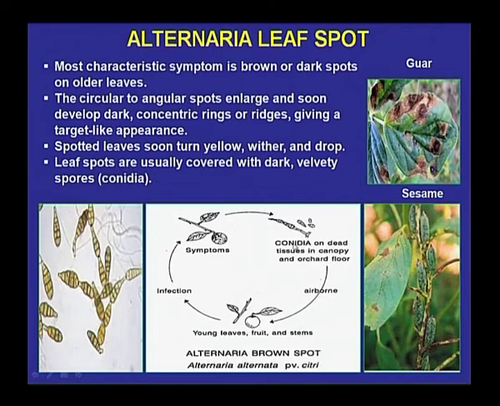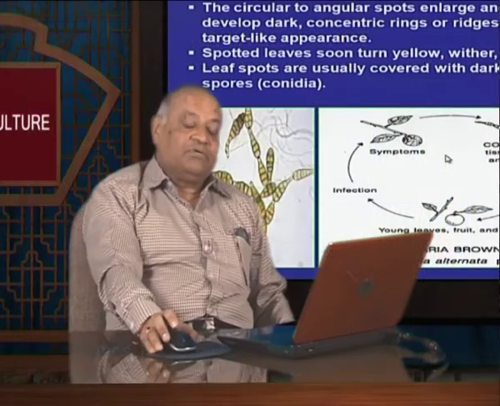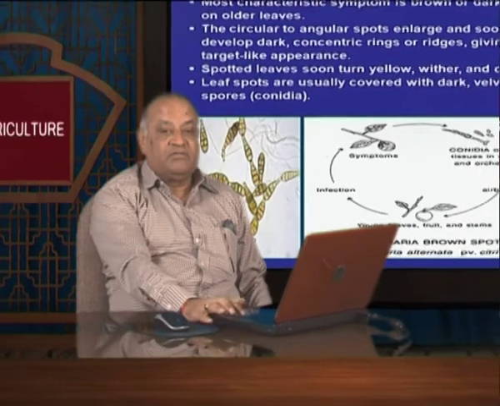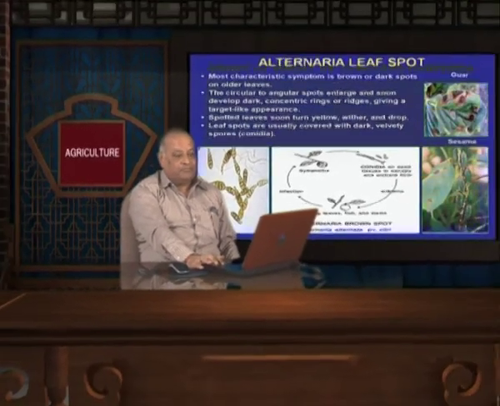They are airborne in nature and infect the young leaves, fruits and stems of citrus in this case, and again develop leaf spots and fruit spots, and on the stems brownish to blackish leaf spots of Alternaria, which again give rise to conidia. This type of life cycle is completed because we know that in Fungi imperfecti there is no sexual reproduction, only asexual reproduction.